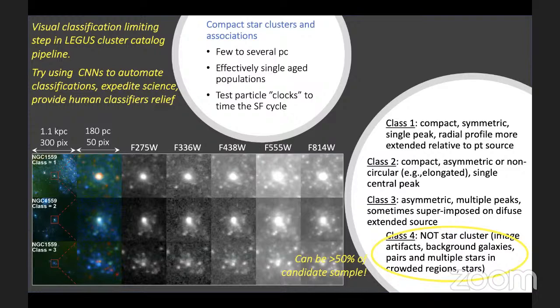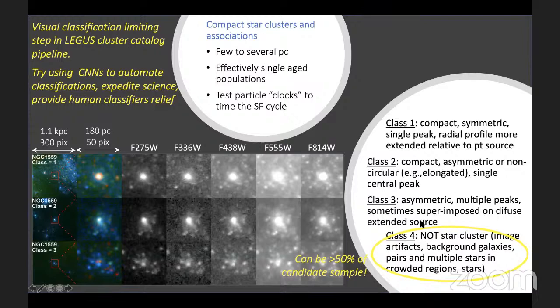We want to differentiate between these 3 classes of compact clusters, which I showed before, and associations in this last row, and then distinguish them from automatically detected sources that are not clusters at all, these artifacts, background galaxies, and stars. And these can be over 50% of the candidate sample. And each sample for each galaxy is on the order of a few thousand objects.